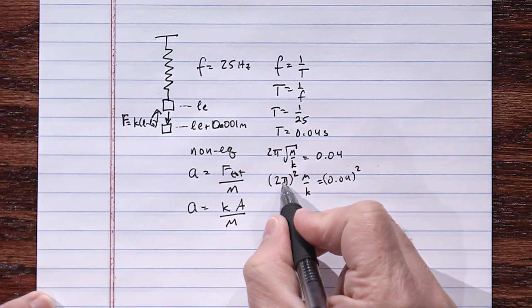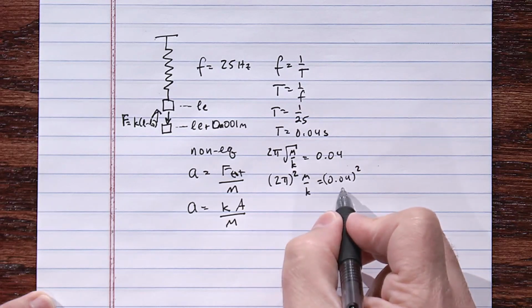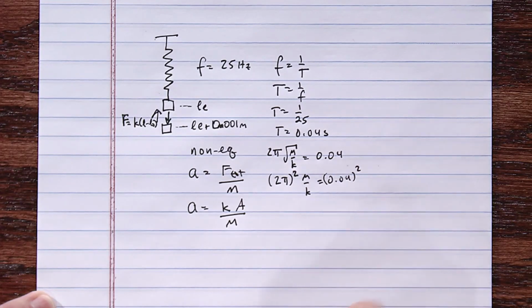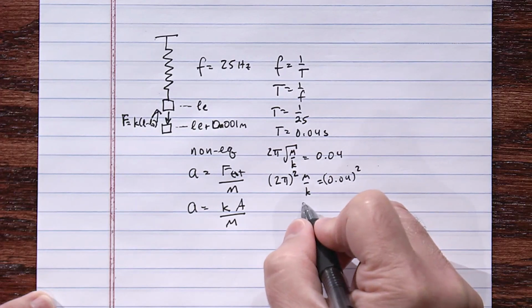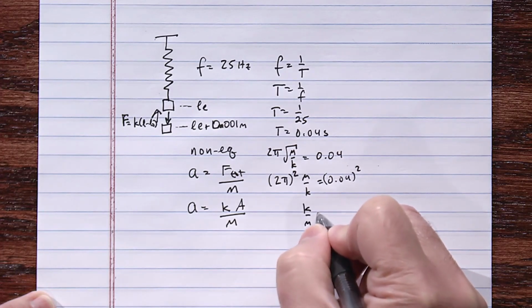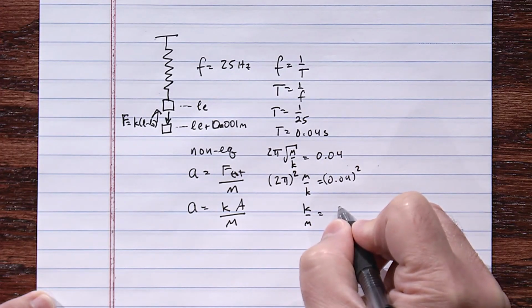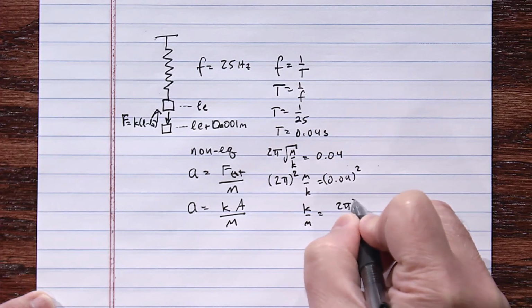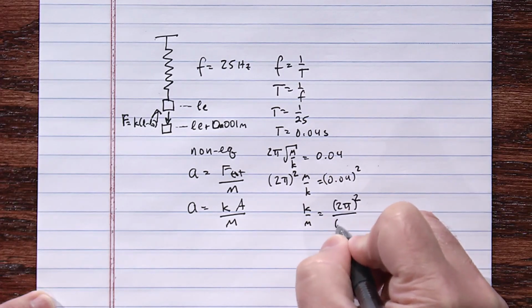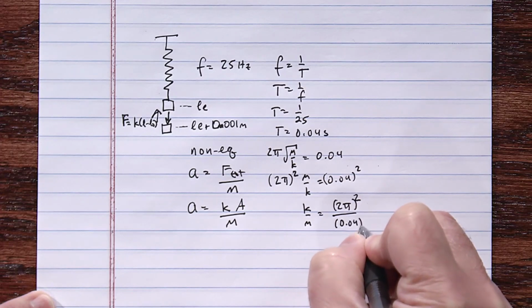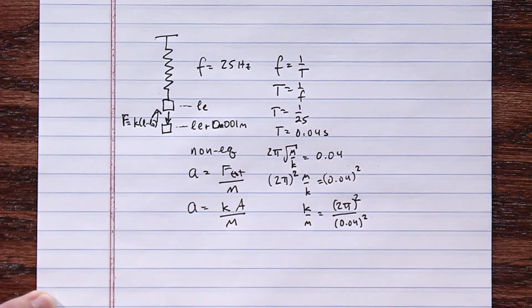I will divide both sides by 2 pi squared and then take the reciprocal of that to get K divided by M is equal to 2 pi squared divided by 0.04 squared. And that tells us what K divided by M is.